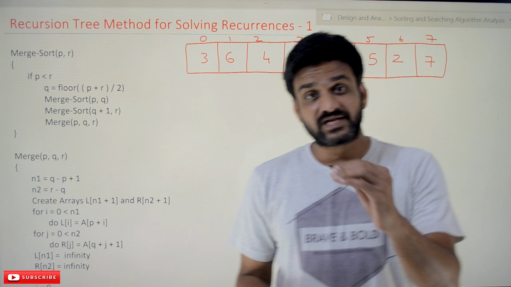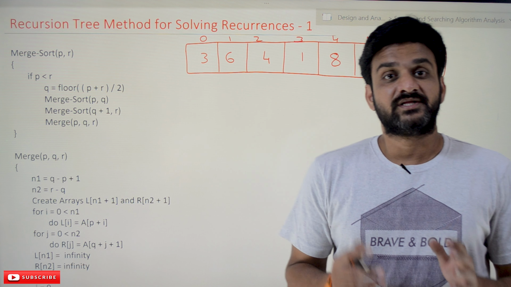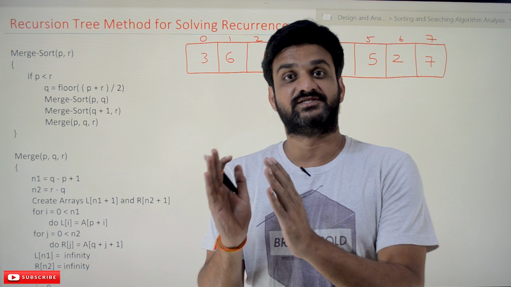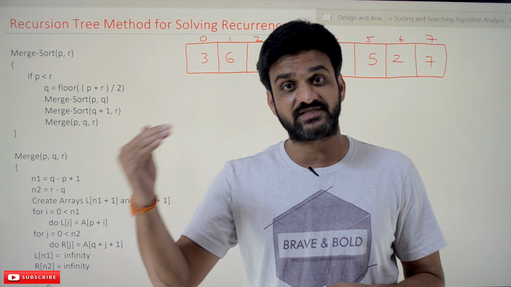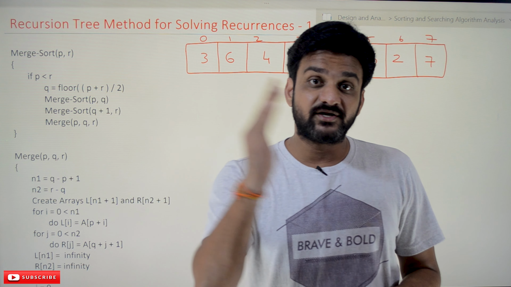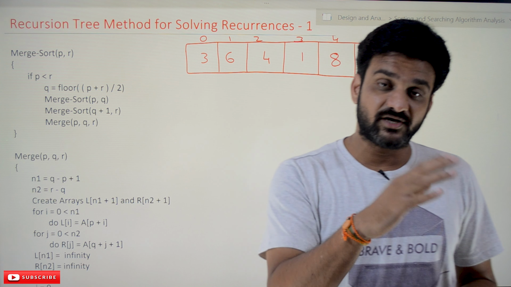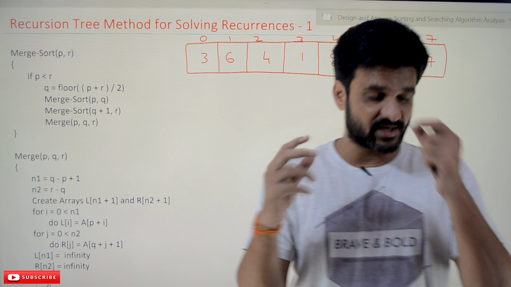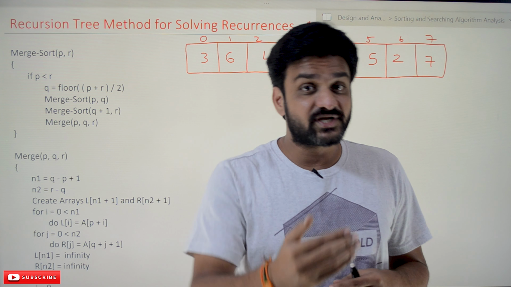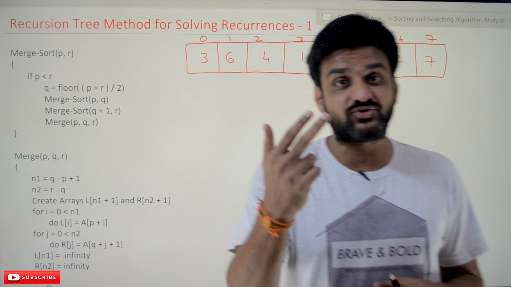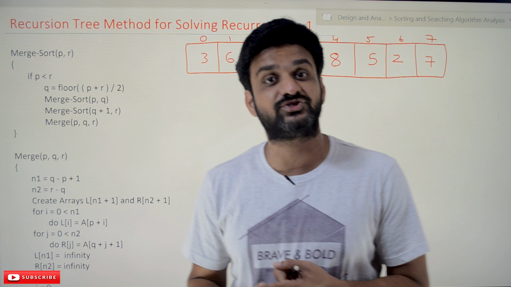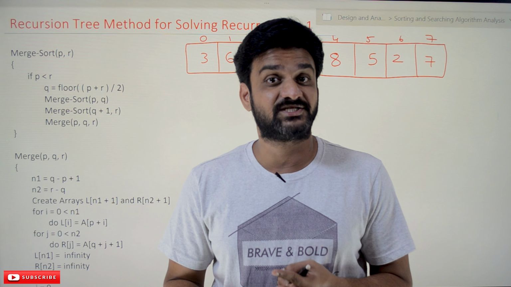Now, in the previous classes we have discussed that given the recursive algorithms, from them we can get the recurrence functions, and those recurrence functions can be solved by using two methods. One is the substitution method and the other one is the Master's method.